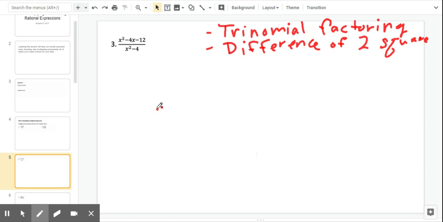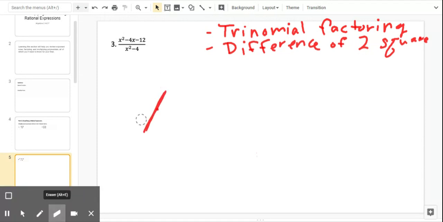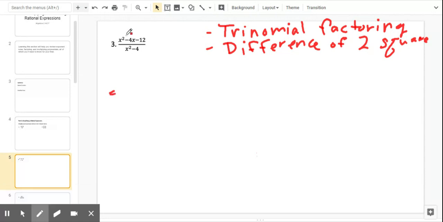In the numerator, that's a quadratic trinomial, because we have three terms, and our highest degree is an x squared. So let's factor. We want to ask ourselves, what adds to negative 4 and multiplies to negative 12?